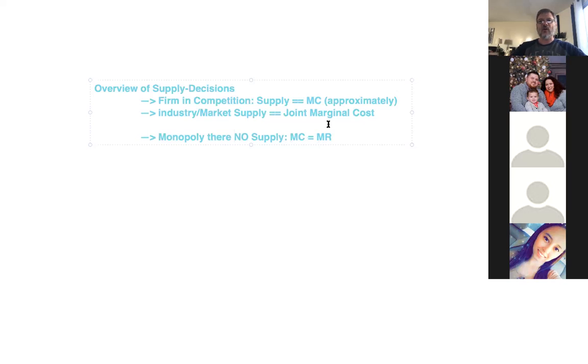And we no longer have this issue of differentiating between the joint, which means the combining of the marginal cost function, where we join them together, because the monopolist has the whole market.